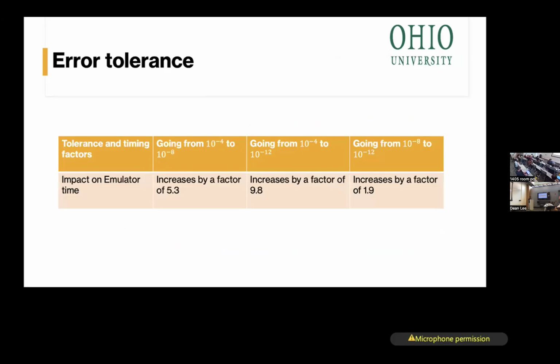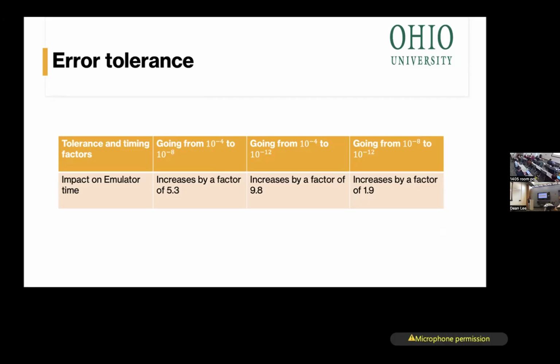So this is just a preliminary check: when I move from 10 to the power negative 4 to 10 to the power negative 8, the time the emulator takes in the offline stage increases by 5.3. And if I go from 10 to the power negative 4 to 10 to the power negative 12, it increases by a factor of 10.